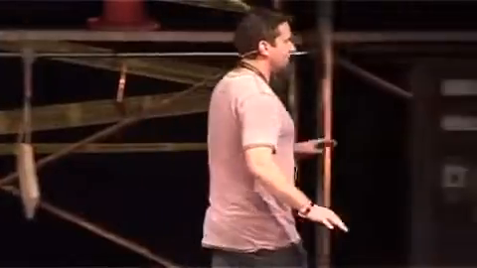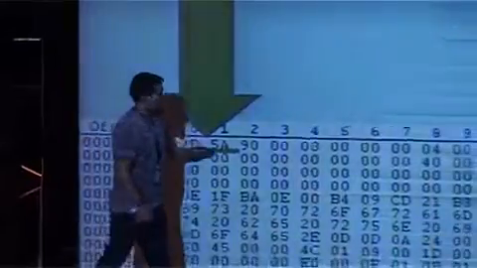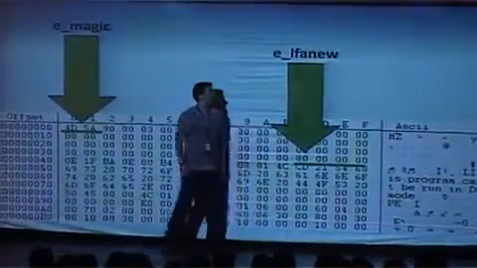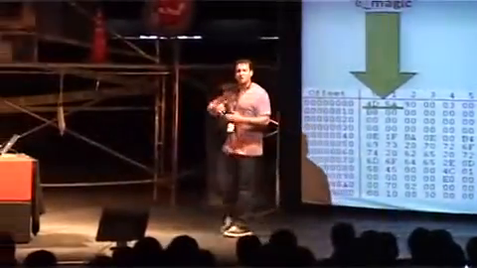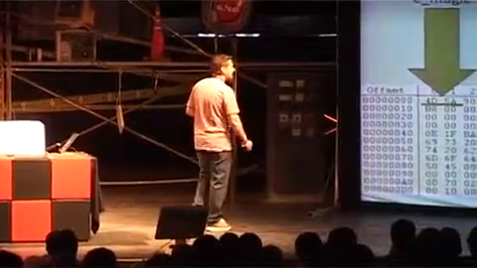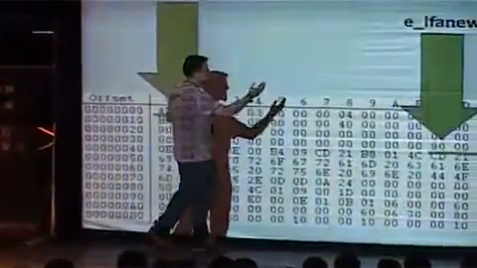Okay, so the first header structure of the PE file is the DOS header. The structure of it starts obviously with the magic number and ends 64 bytes later with a field called e_lfanew, which, as we saw, is the offset to the start of the PE header, the NT header.